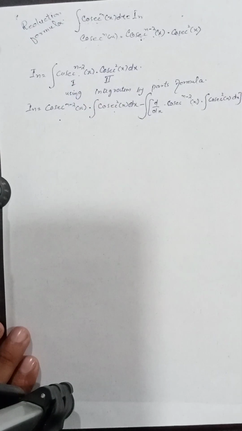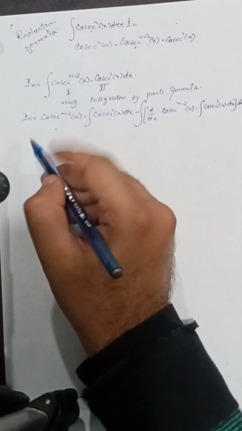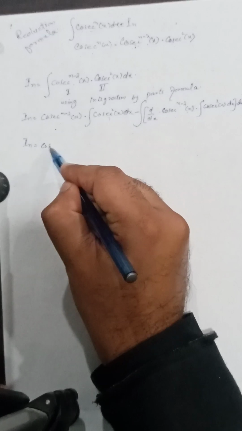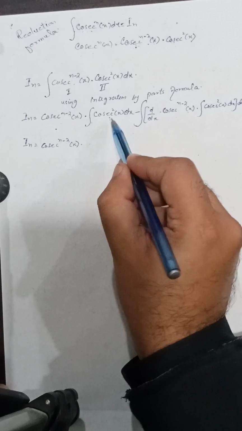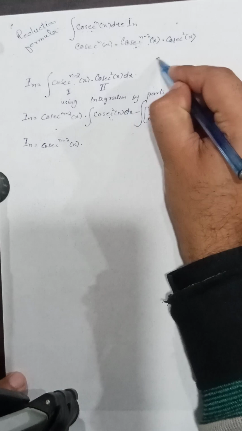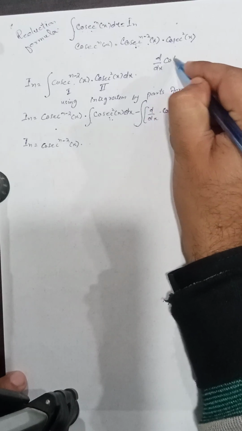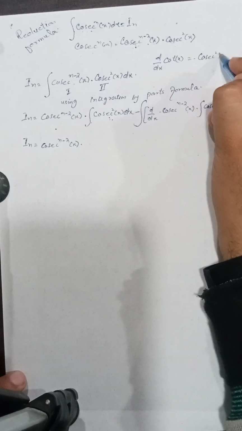So we will proceed with these functions. This is the first function and this is the second function. So I n is equal to the first function, cosecant n minus 2 of x, and the integral of cosecant square of x. What is the integral of this? We know that the derivative of cotangent of x is equal to minus cosecant square of x.